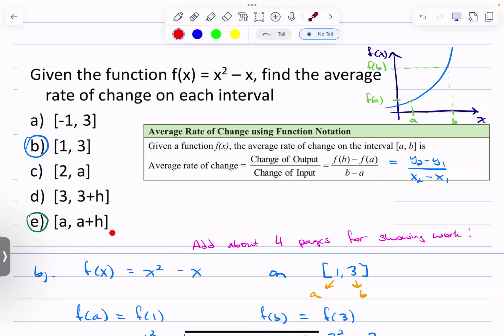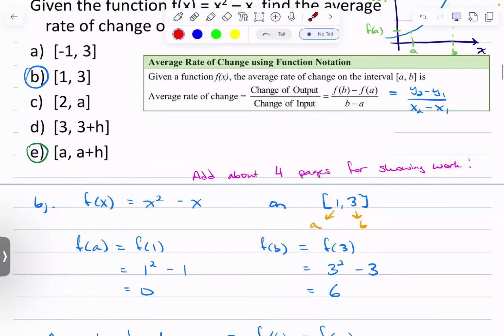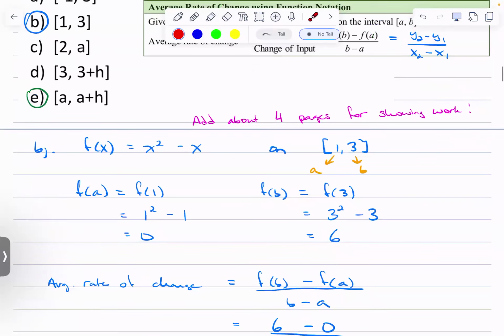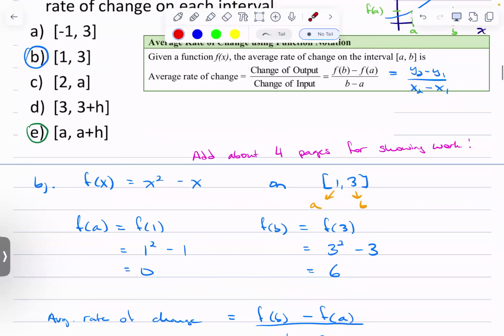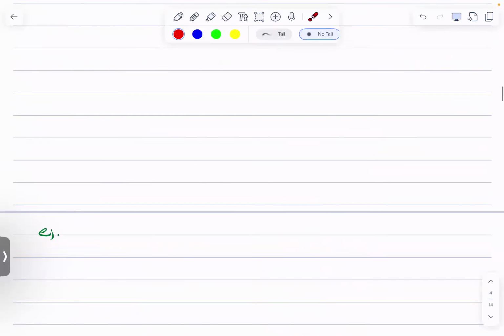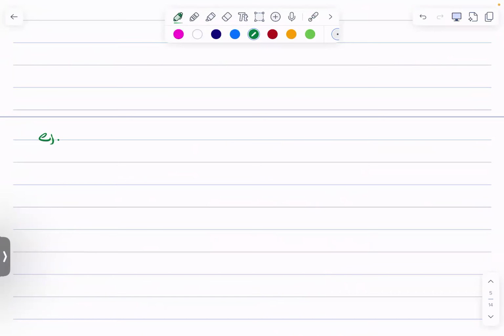Okay, we're not going to go beyond this, but we do need to talk about how we use it. So the interval that I want to deal with is on A to A plus H.